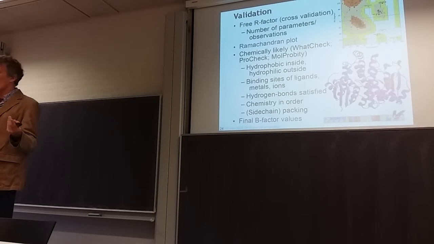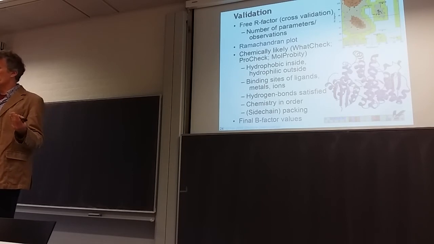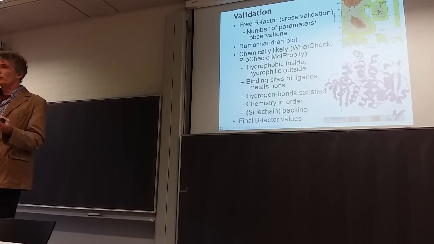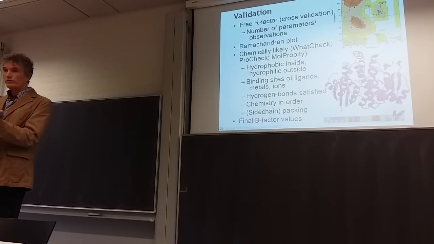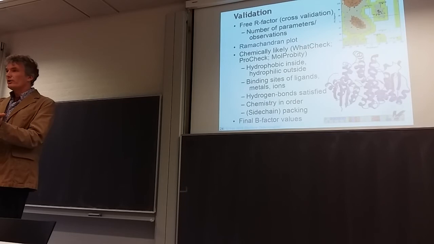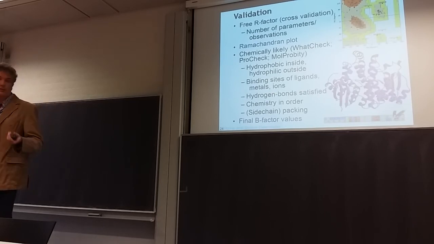So once you have a structure, as I already told you, you can do the forward Fourier transform. You get your structure factors and your phases. You can compare it with the measured structure factors, intensities, and so the deviation between those is actually a measure for the quality of your structure.